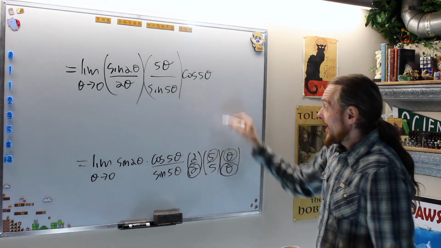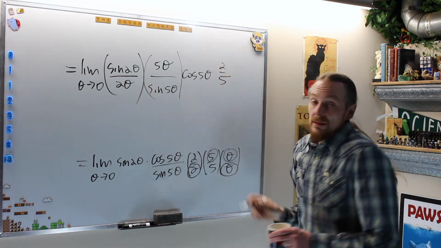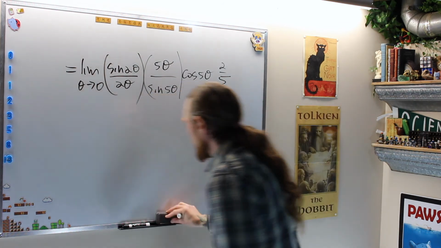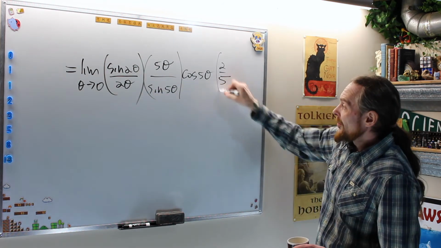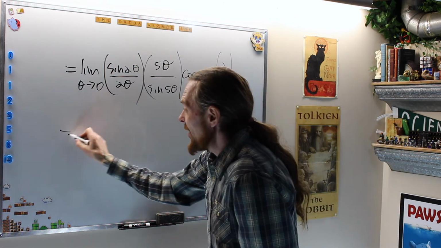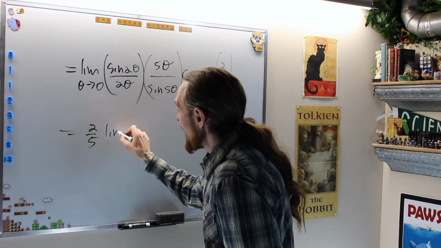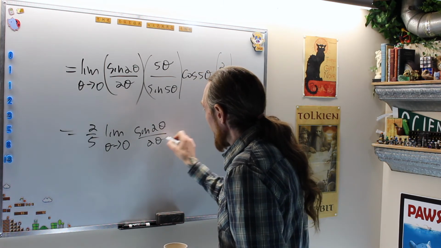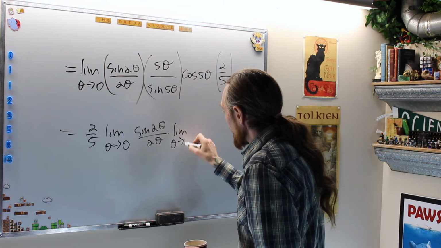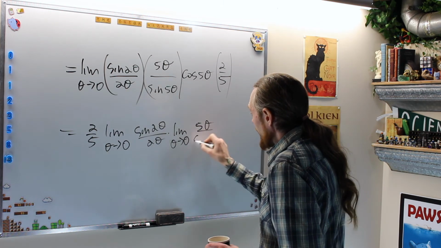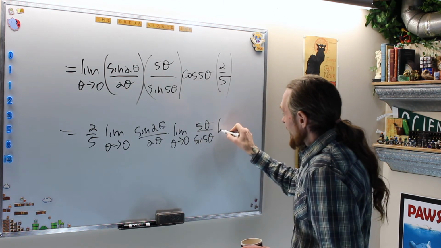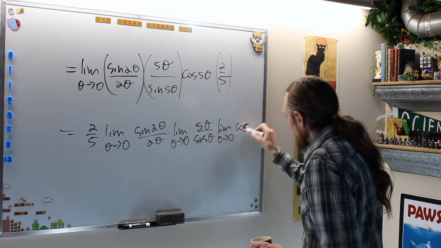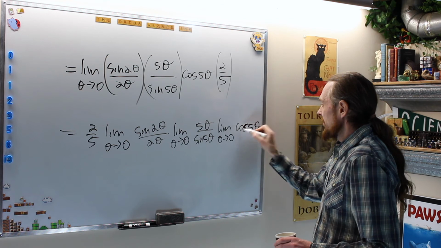I have a 2 and a 5 left. Now this limit, I don't need this. The 2/5 I can move to the front, equals 2 over 5 times the limit as theta approaches 0 of sine 2 theta over 2 theta, times the limit as theta approaches 0 of 5 theta over sine 5 theta, times the limit as theta approaches 0 of cos 5 theta.